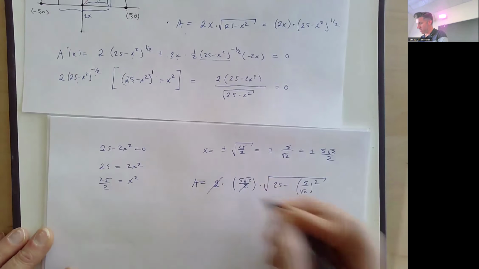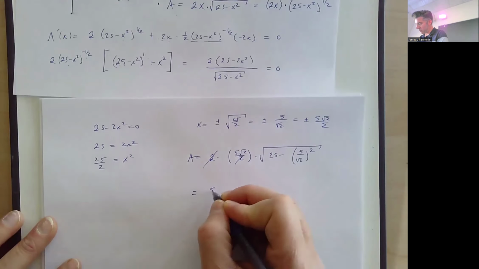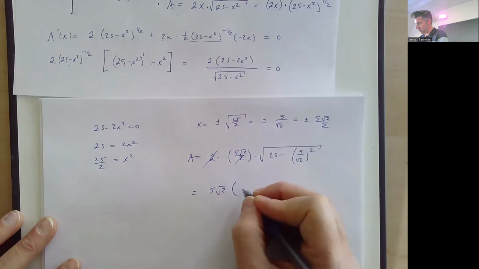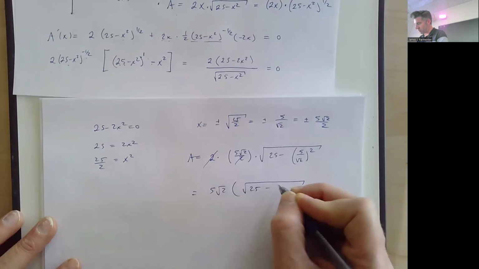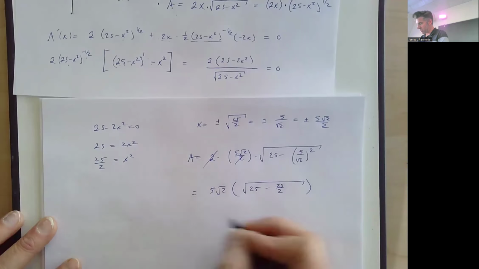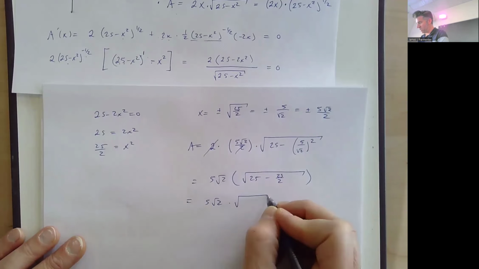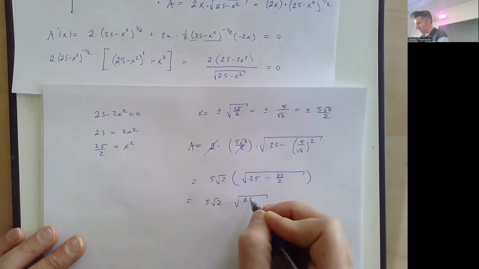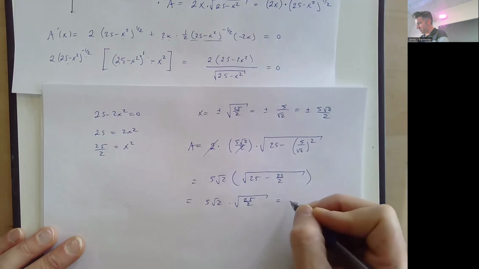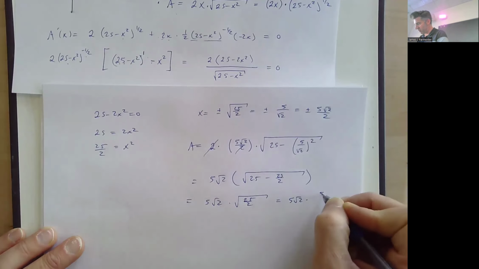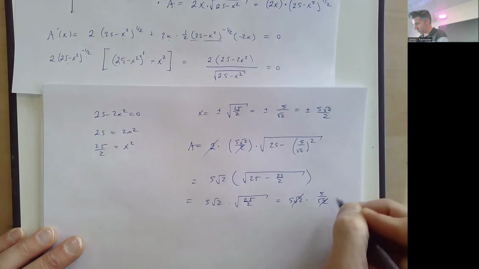The 2's cancel here. You get 5 root 2 times the square root of 25 minus 25 over 2, which is really 5 root 2 times the square root of 25 minus half of 25, which is half of 25. And that's going to be 5 root 2 times 5 over root 2, which is 25.